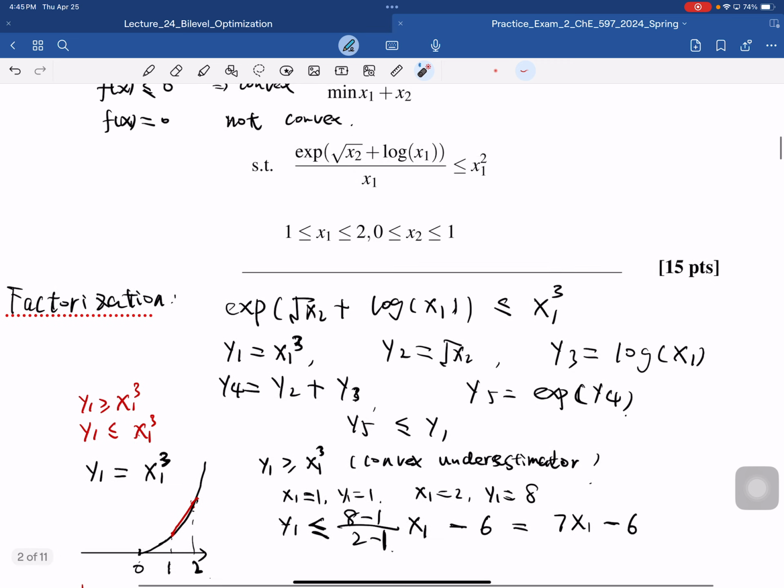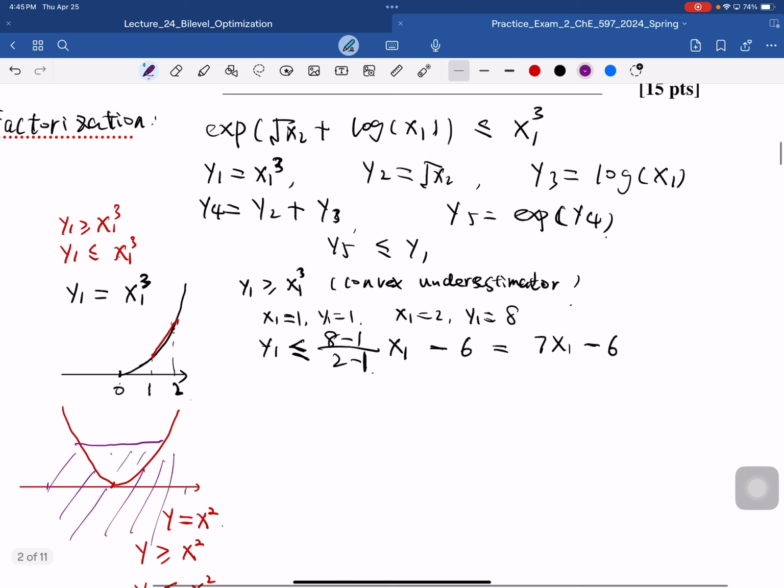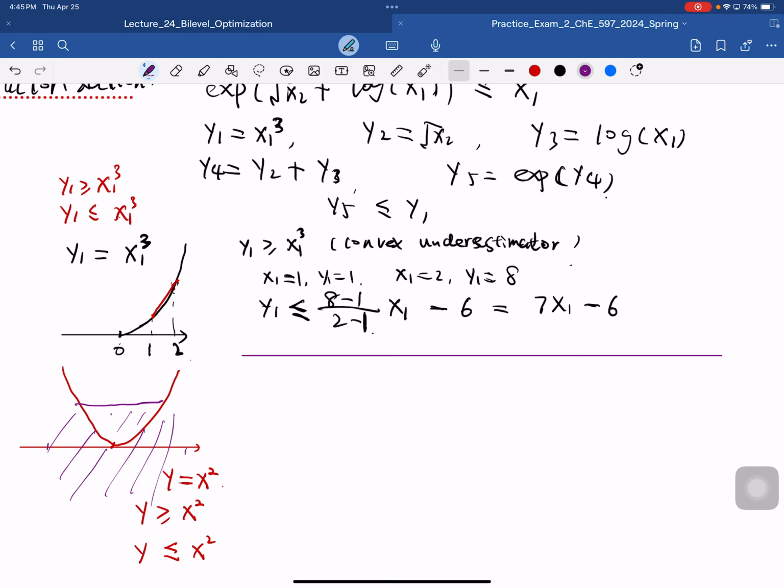Yeah. And similarly, let's talk about the second function. Okay, I will do one more, then I will skip the rest, okay? So y2 equals square root of x2.